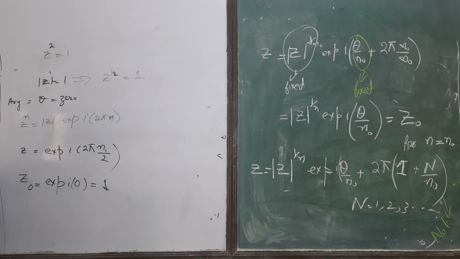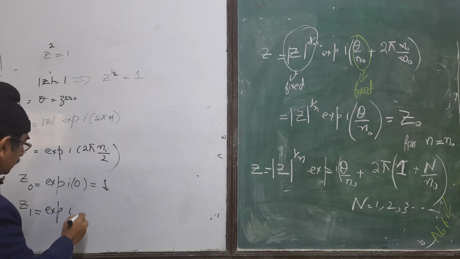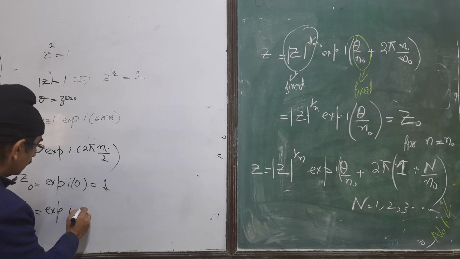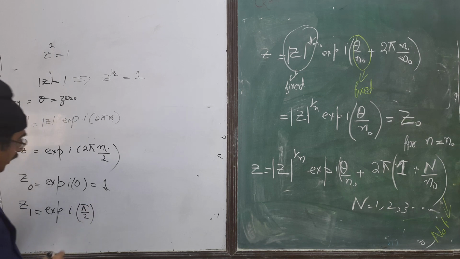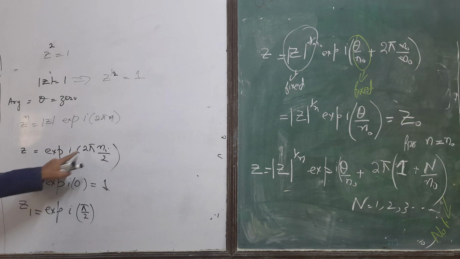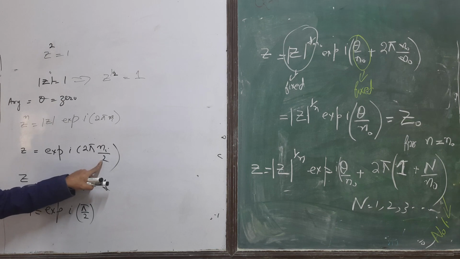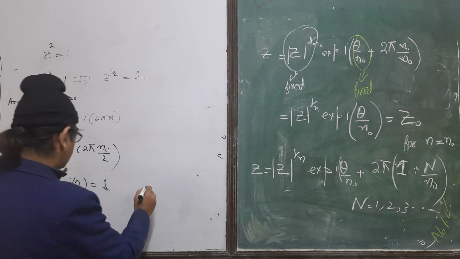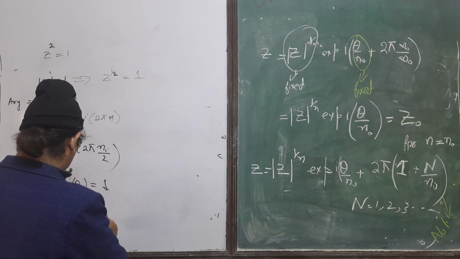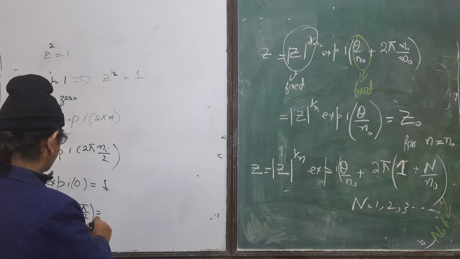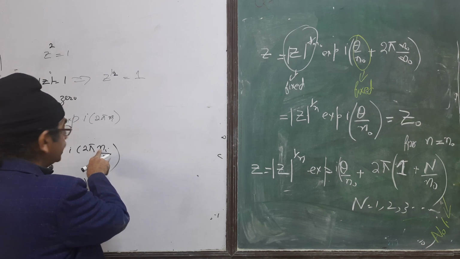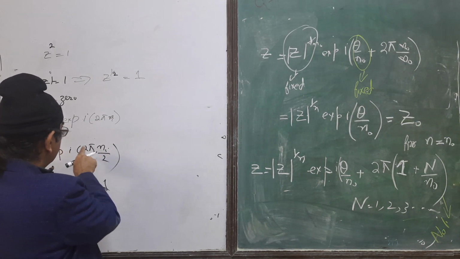Okay. Z1 will be equal to 1/2, the 2 will be cancelled with the 2. I is equal to 1, 1/2, 1/2.